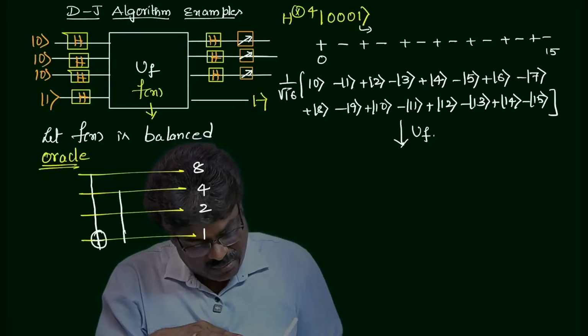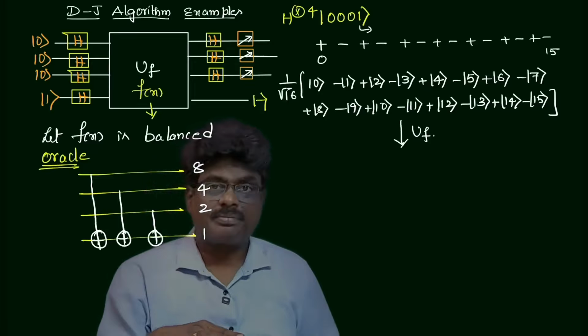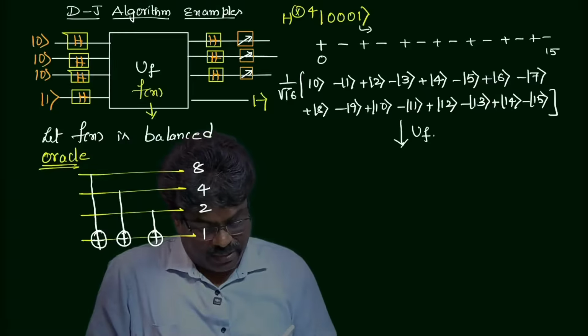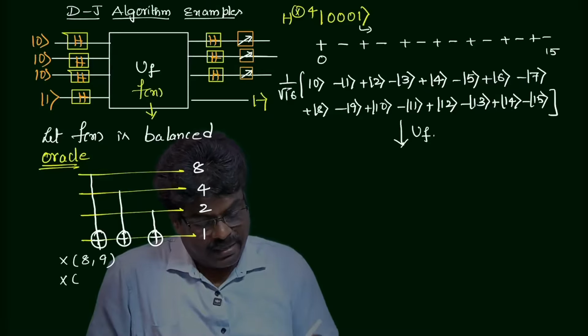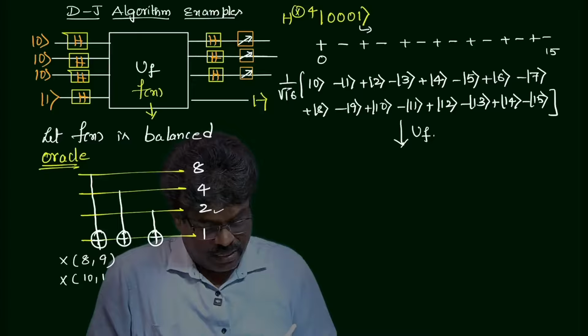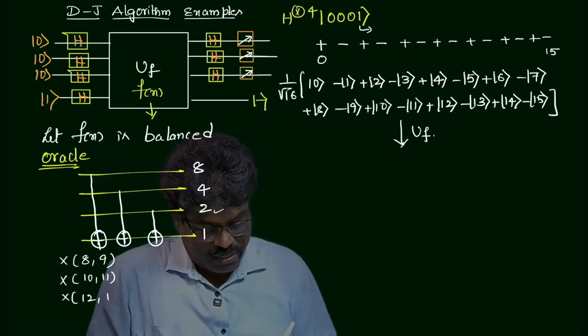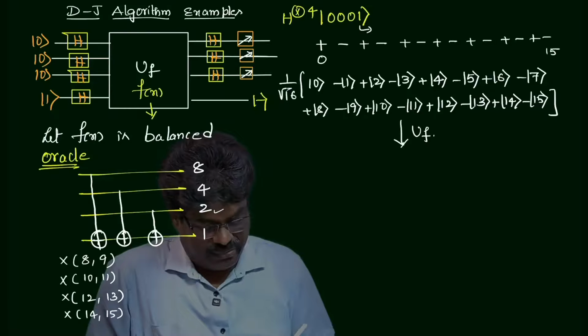Next, C-NOT from 4. Next, C-NOT from 2. Right? Then here we have to write these C-NOT operations. X, first one is 8 comma 9. And next you have to add the remaining 2, 10 comma 11. Next you have to add 4, that is 12 comma 13, and X 14 comma 15.